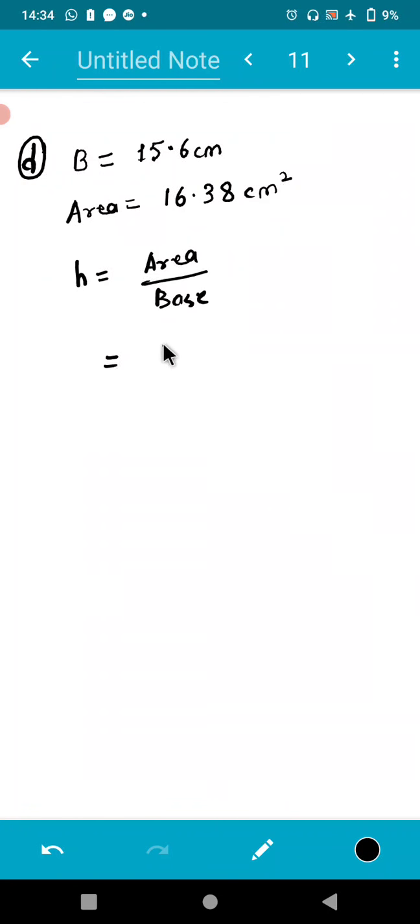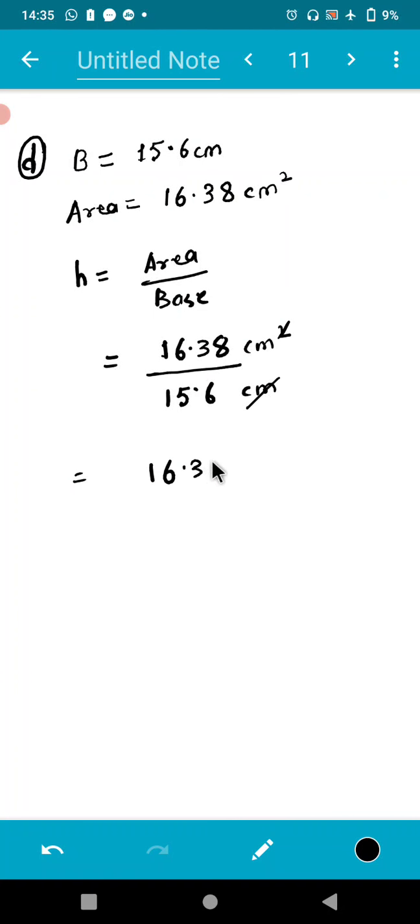So, what is area given? 16.38, and what is base given? 15.6. Now, this is carrying centimeter square, this is carrying centimeter. Now, reduce this. Now, as you again see that both the denominator and the numerator have the decimal sign, so you can use this form, that is 15.6.